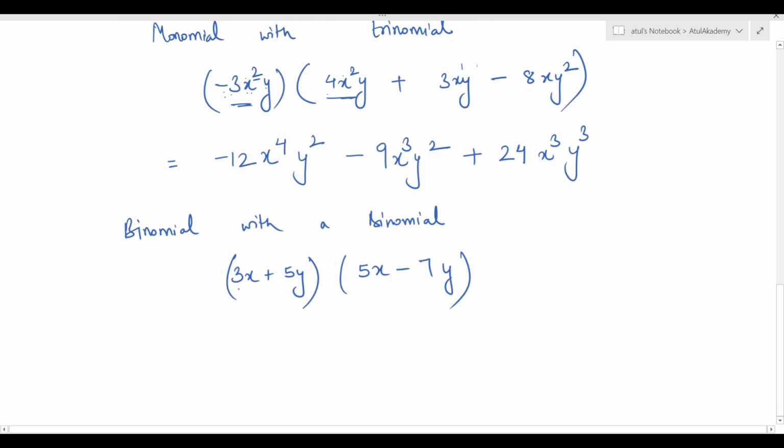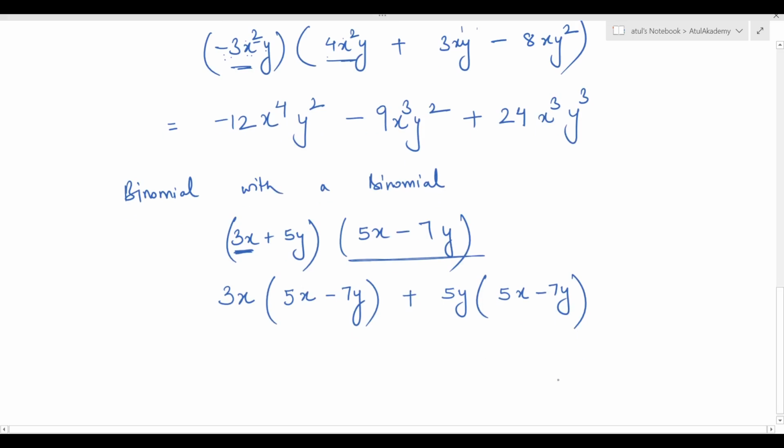The first term of this binomial will be multiplied by both of these two. So how will I write? 3x will be multiplied by 5x minus 7y. You are using the distributive law of multiplication. Then this is plus, so plus will come over here, plus 5y will be multiplied by 5x minus 7y. So each term will be multiplied by each term of the other binomial.